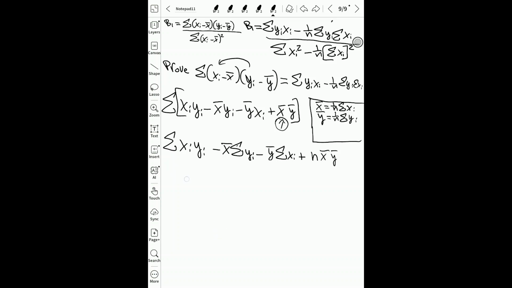So rewrite this first term, no change there. Now I've got this minus x bar, and I'm going to sub that x bar for what we know x bar to be equal to, which is 1 over n sum of xi. And that's going to still be multiplied by that sum of yi. And I'm going to do something similar here.